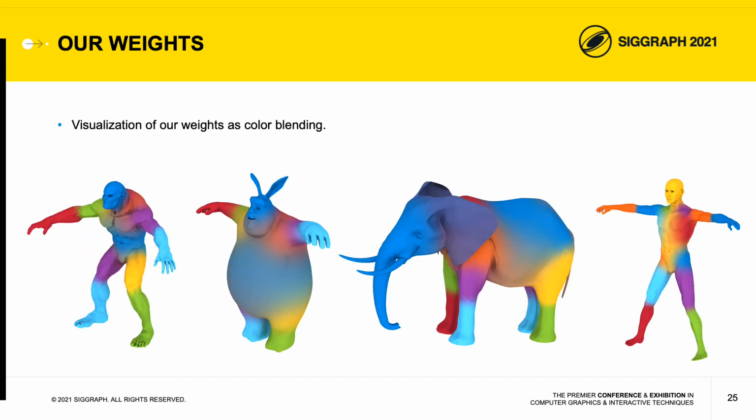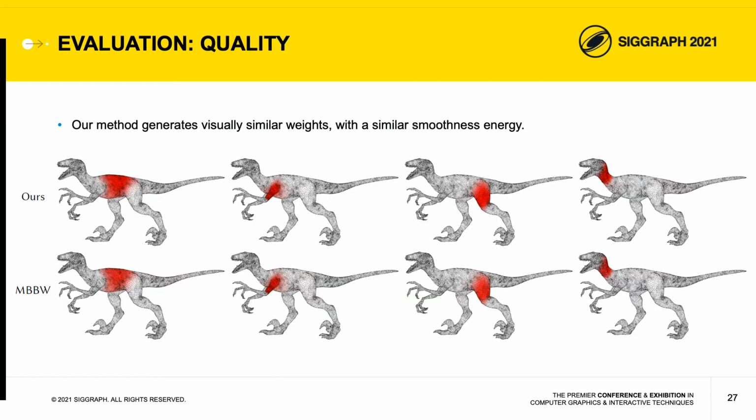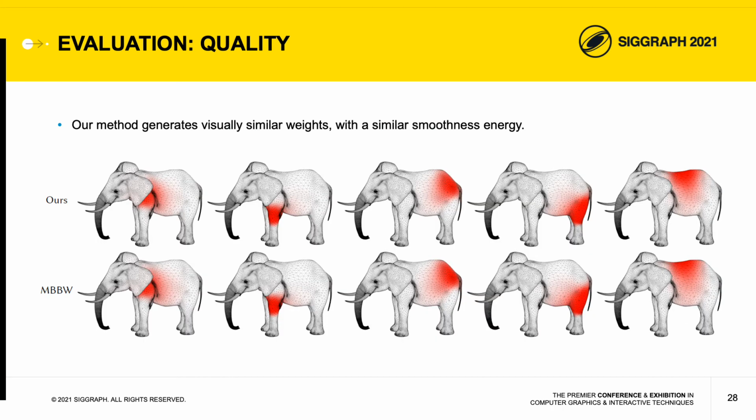Here we visualize our weights as color blending. Our method generates visually similar weights to previous methods. A different example. And another example.